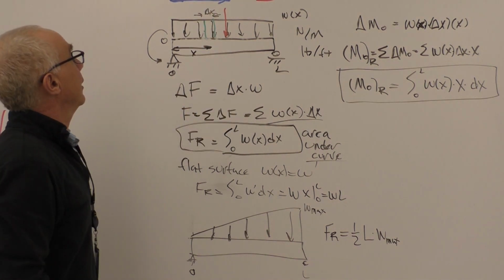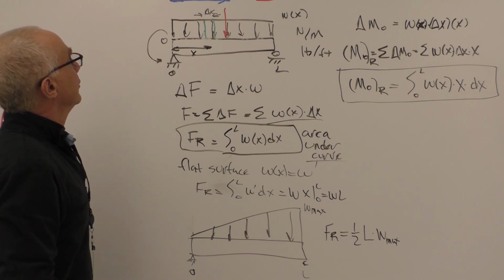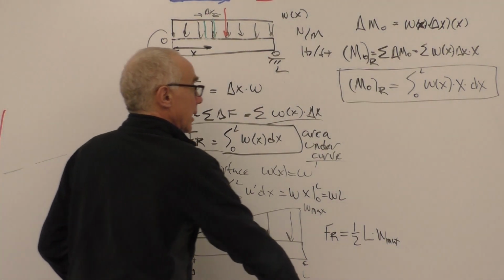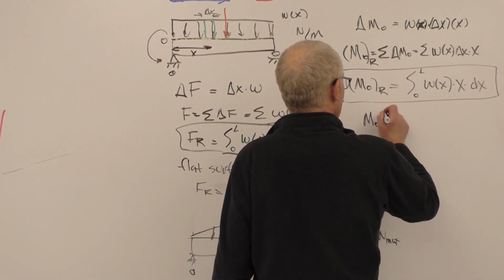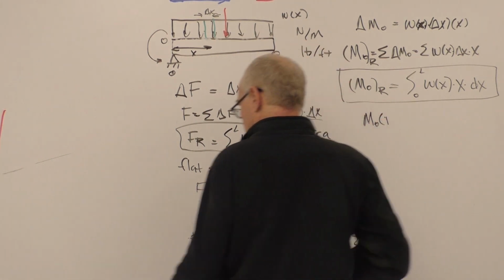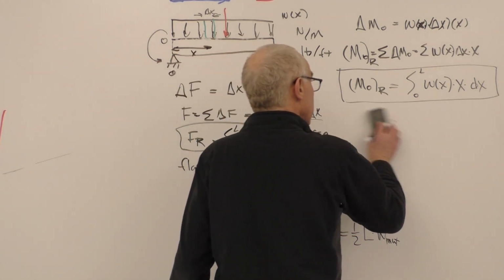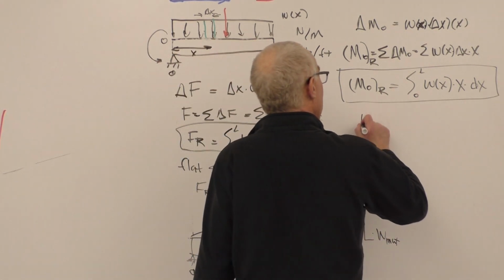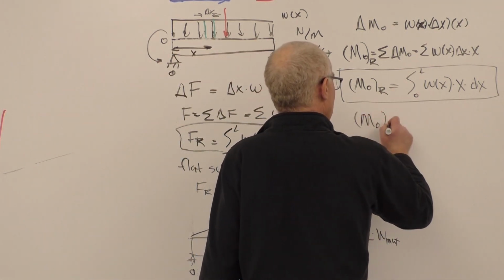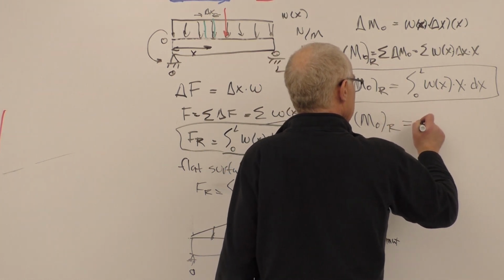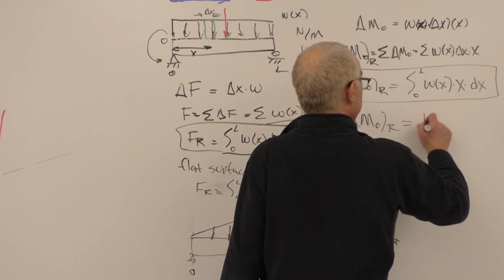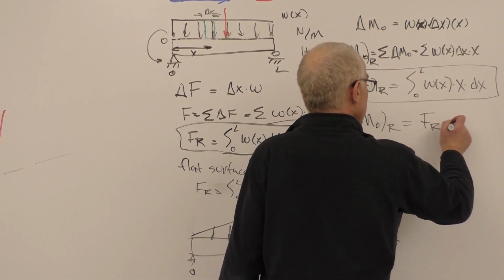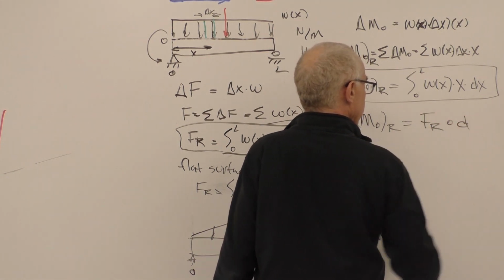From the perspective of our resulting vector, we'd say that the moment M_O of R equals the F_R value times d.